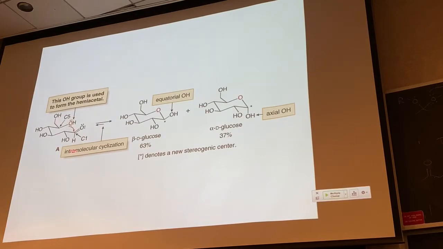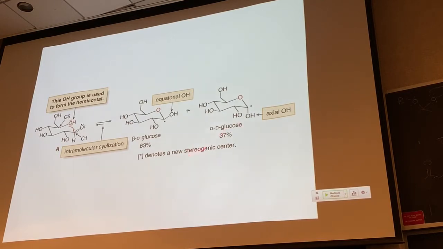Because glucose has several other stereocenters, when we cyclize and form a new stereocenter, the products are diastereomers of each other as opposed to enantiomers. And so we do not get a one-to-one mixture because in this case, the diastereomer with the equatorial OH group is more stable than the diastereomer with the axial OH group.